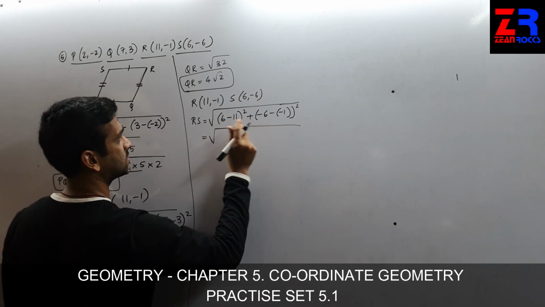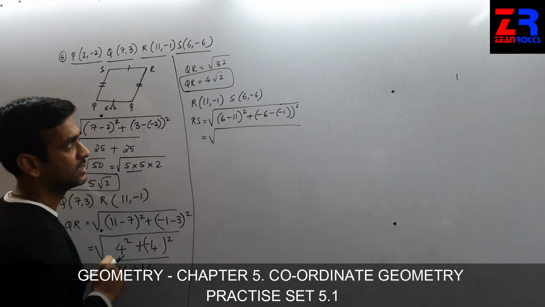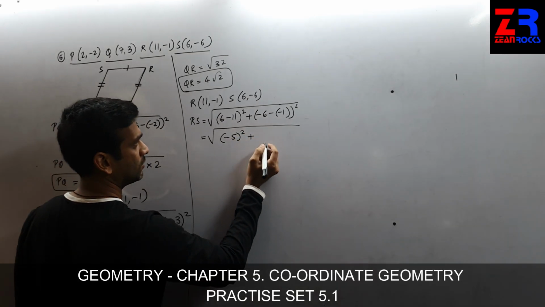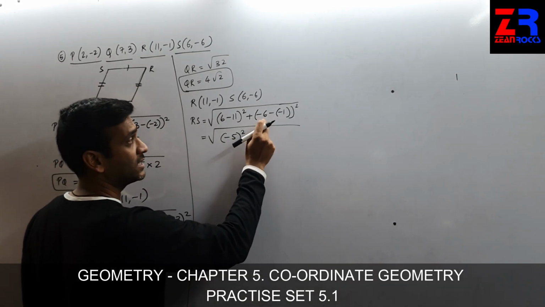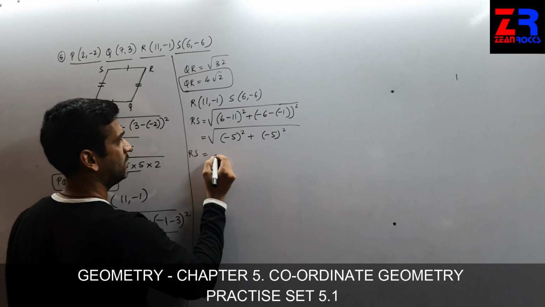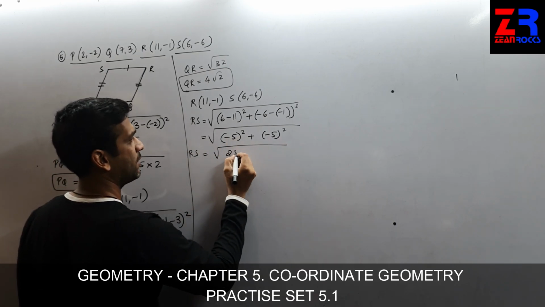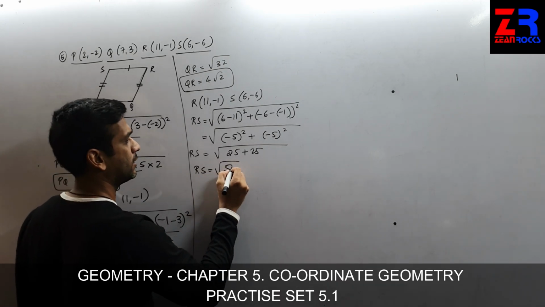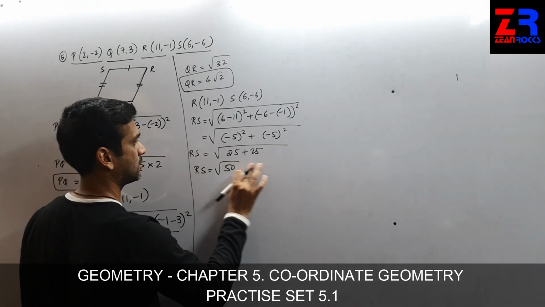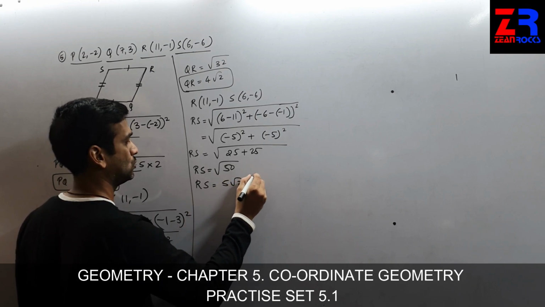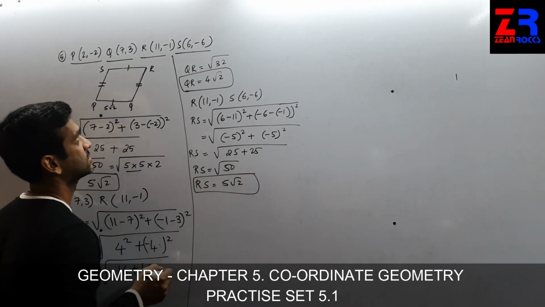That will be 6 minus 11 is minus 5 square plus minus 6 plus 1. Minus 6 plus 1 is also minus 5. So RS will be 25 plus 25, root 50. Sorry, 5 root 2. So you have got RS.